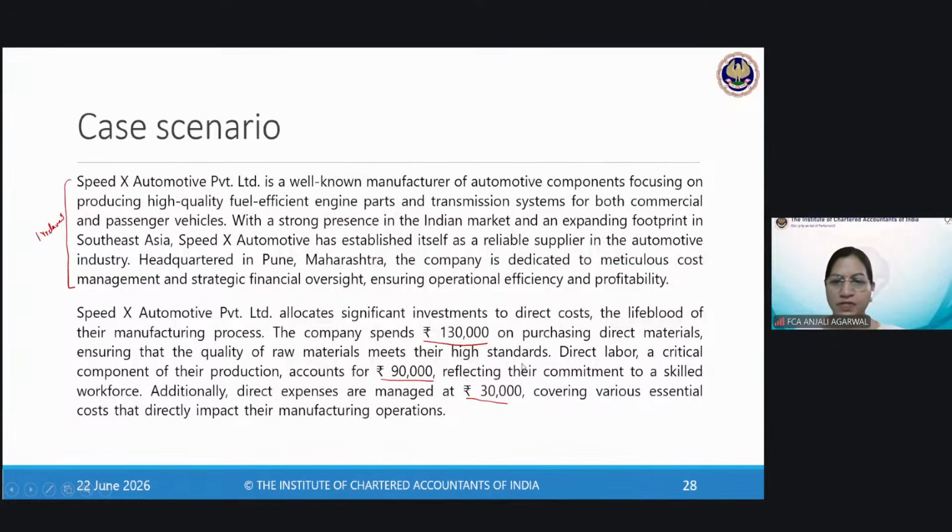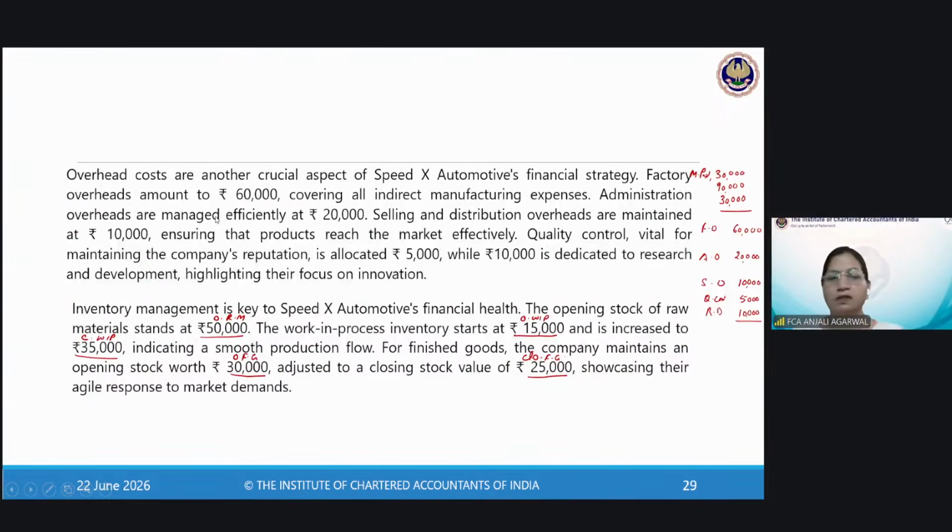So from this information, you can prepare the direct expenses and all. Factory overheads are 60. All indirect manufacturing expenses are there. Administration 20 and selling 10. Quality control, right?